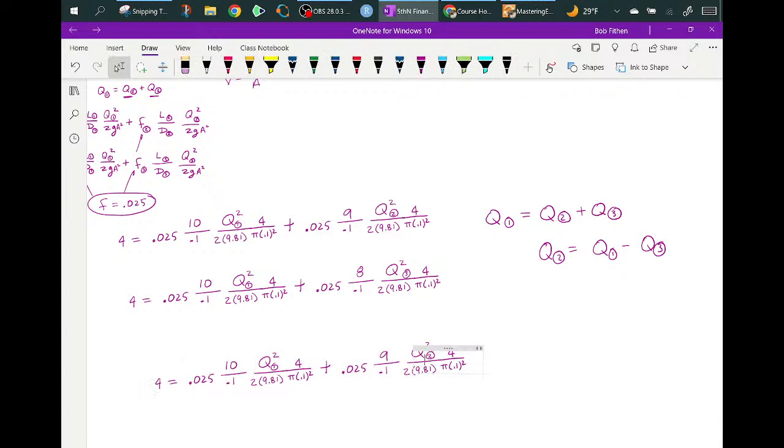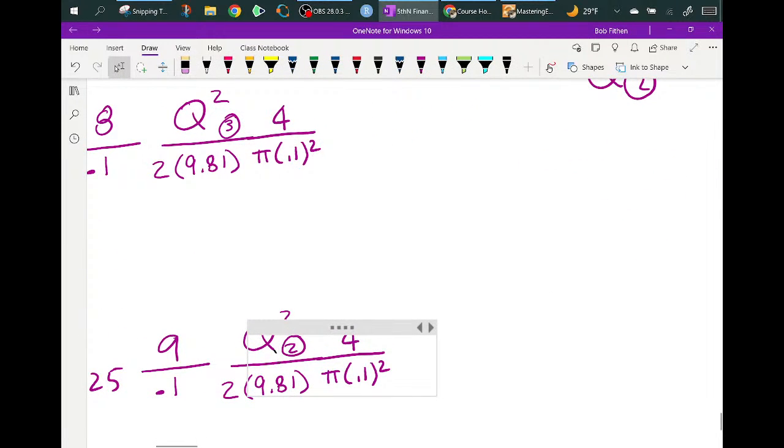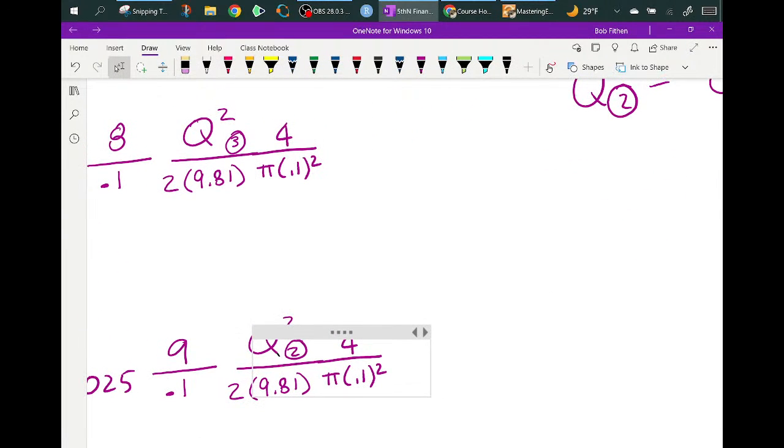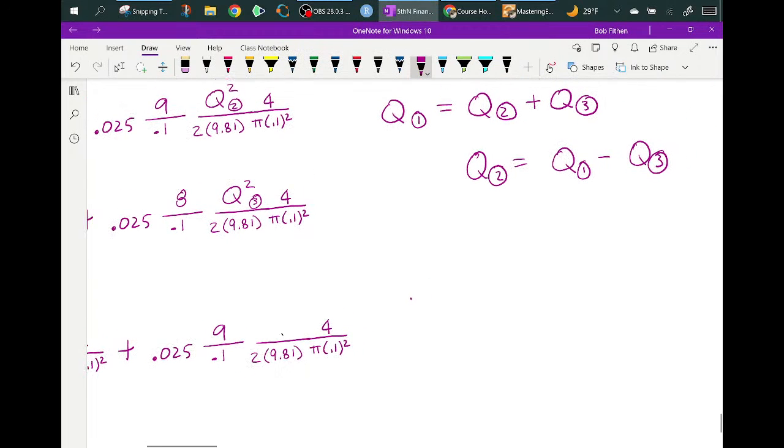I'll move it to the side out here, and I'll say Q1 minus Q3 squared.